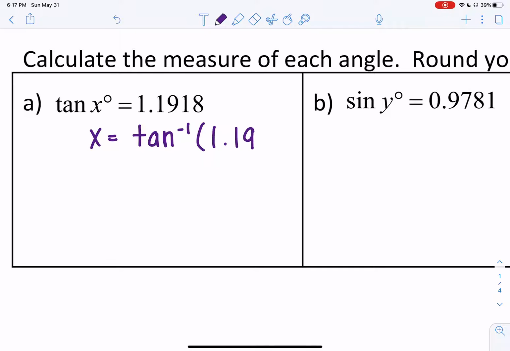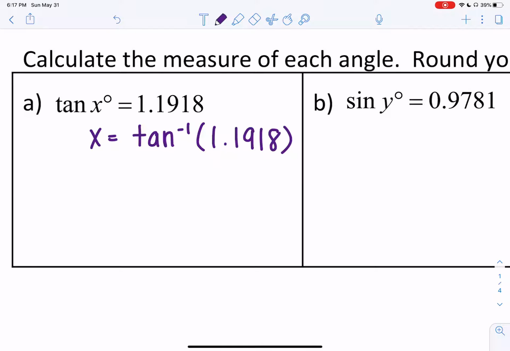And if you look on your calculator, usually the tan, sine, and cos inverse buttons live in tiny writing on top of our sine, cos, and tan buttons. And how you get to the teeny writing is you have to click shift or second function. Again, if you're having any issues finding these values or you're typing it in and you're just not getting the right answer, please let me know as soon as possible so I can help you.